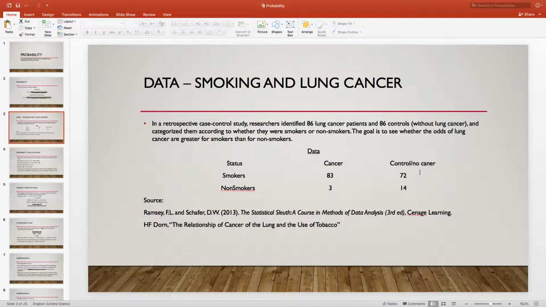Okay, in the no cancer group are 72 smokers and 14 non-smokers. Okay, and if you wanted to look at this study a little bit more, it was done by H.F. Dorn, and I got the data from Ramsey and Schaefer.